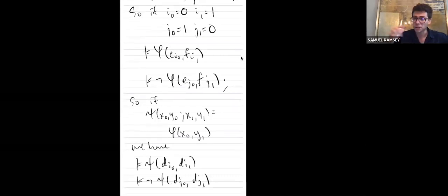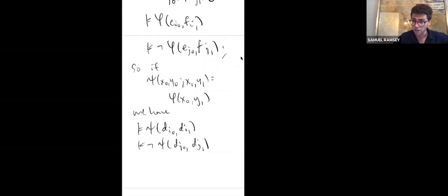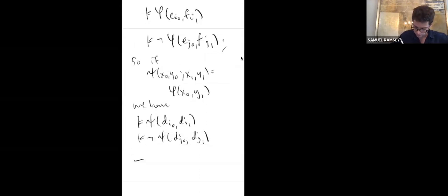This is just a translation from what I said before, reflecting that now we're looking at the tuples in the sequence j. And this implies that j, which as we recall was the sequence of di's, is not an indiscernible set.